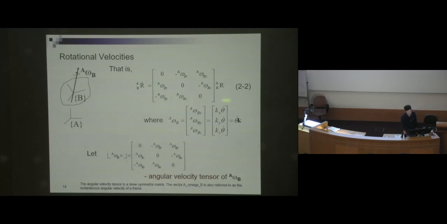This skewed symmetric matrix is also known as the angular velocity tensor of the A omega B. A tensor is essentially a matrix. A popular tensor that all of you have often come across is the stress tensor, a 3-dimensional, 3x3 matrix. So this is the angular velocity tensor. The diagonal elements are equal to 0, and it will be expressed in this form.